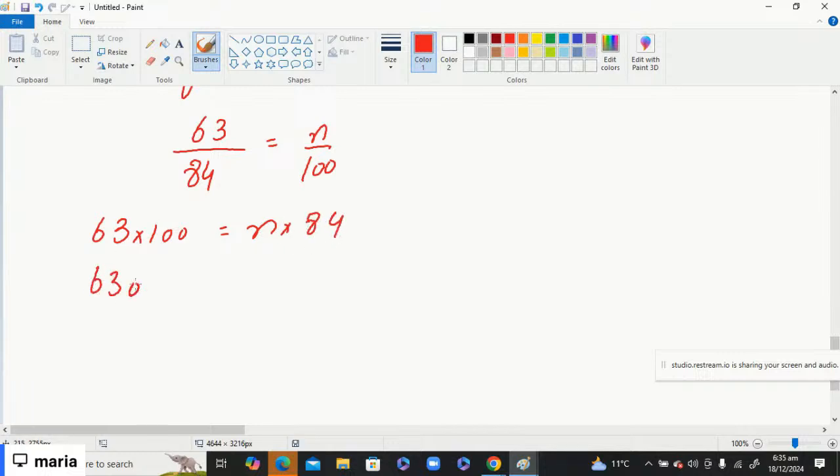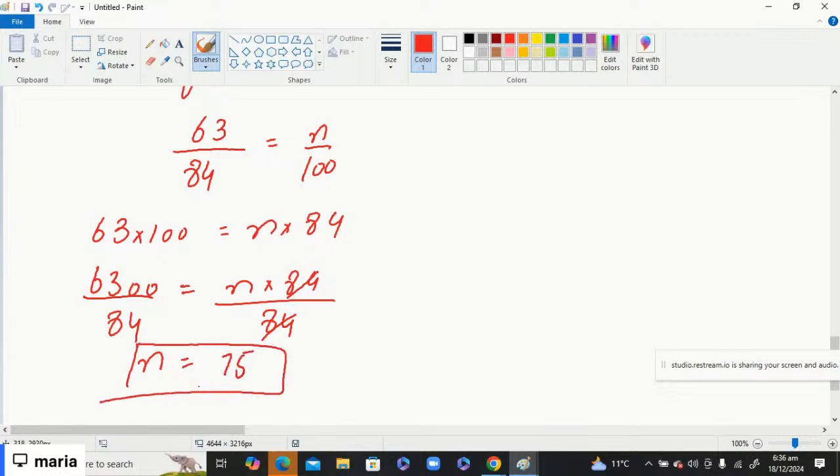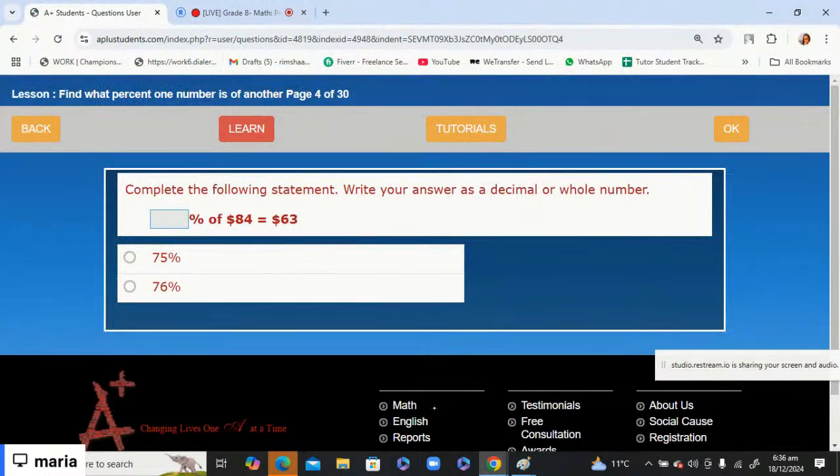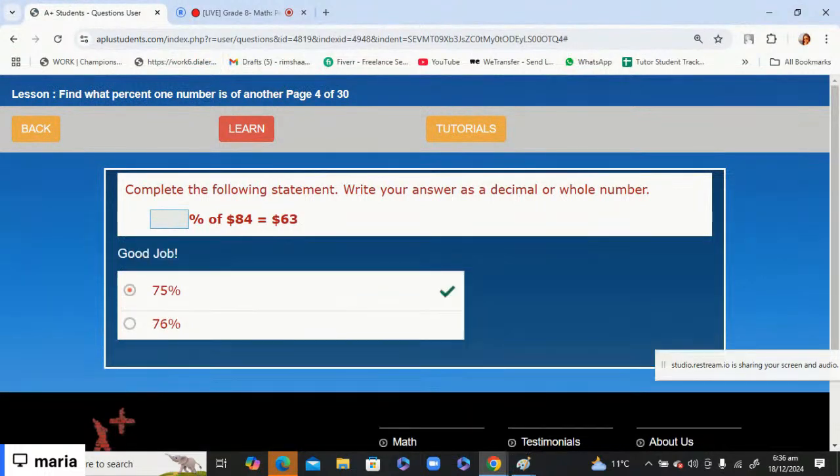This is 6300 equals n times 84, dividing by 84 on both sides. So 6300 divided by 84, so your n is 75. This is 75%.